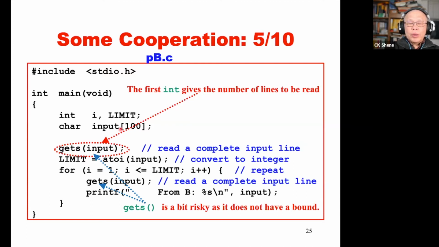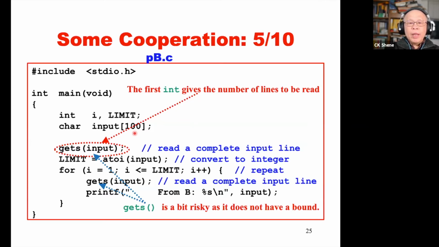The question is here. We have a character array of 100 positions. Remember, each character array or string requires one more entry because we need to end that string with a binary 0. So in this input array, we could only store a string of 99 characters. The 100th character is for the binary 0.